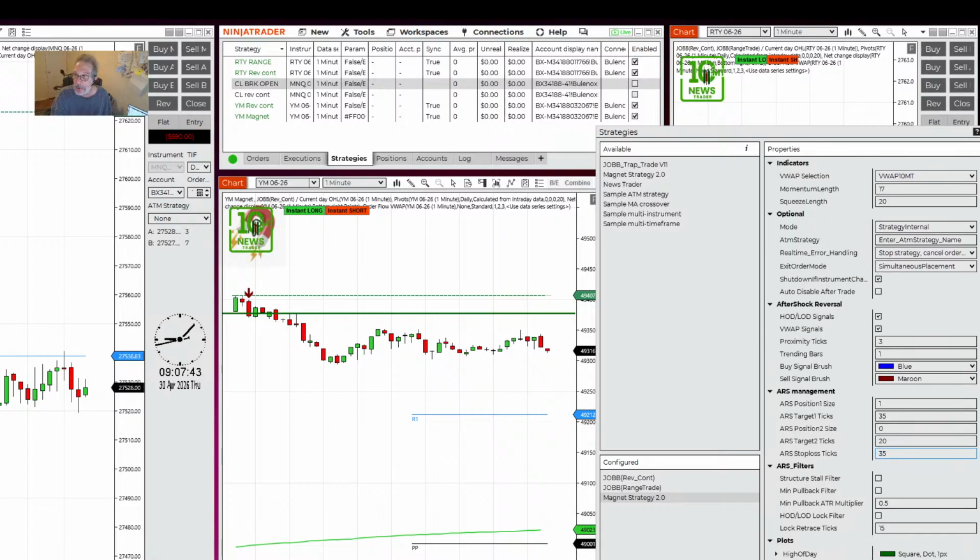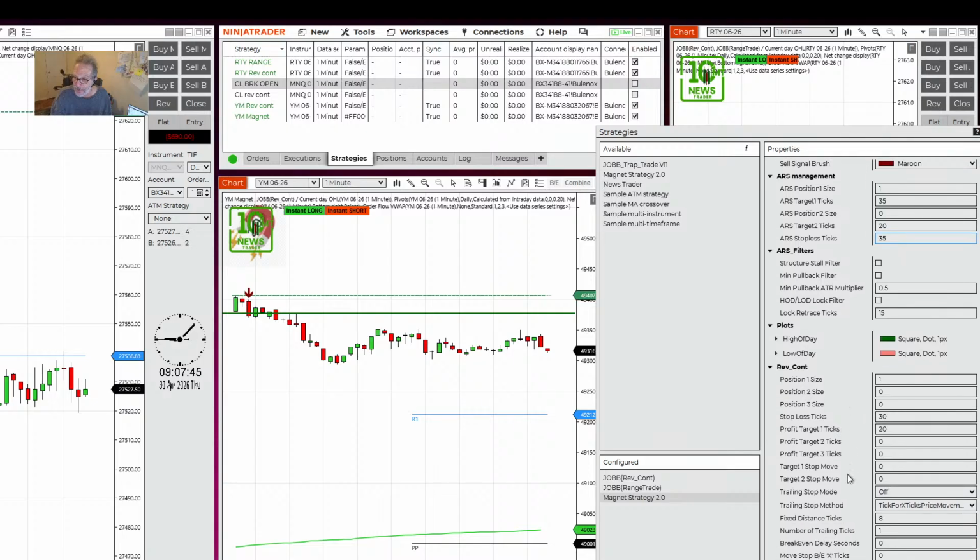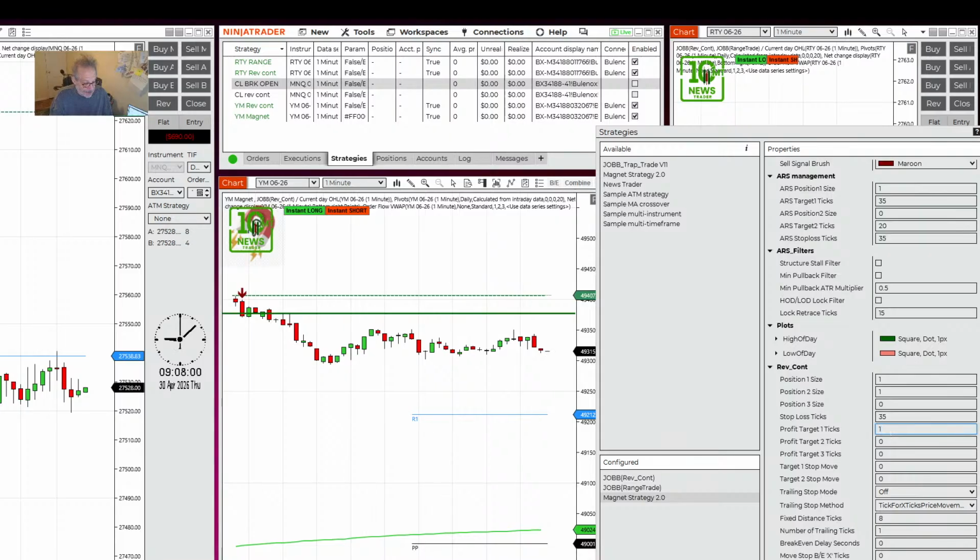You can also program a built-in reverse continue to the RTY magnet. And we can do it slightly differently. We could do one position for a 10-tick target, 35 tick stop. Target 1 is 10 ticks. Target 2 is 20 ticks.